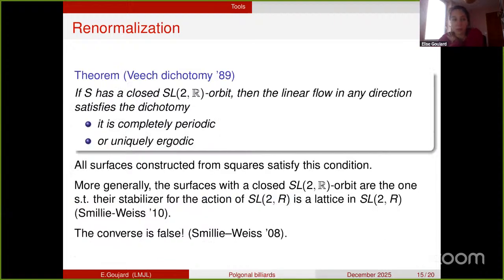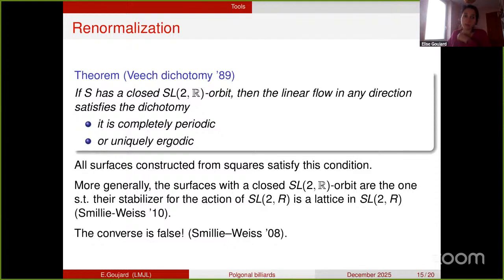And the Veech dichotomy is actually also an example of this principle. I just mentioned it at the beginning, but the precise result is as follows. If a fixed translation surface has a closed SL2(R) orbit, then you have this dichotomy: the linear flow in any direction is either completely periodic or uniquely ergodic.